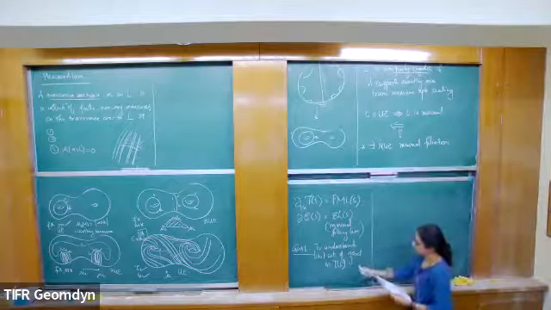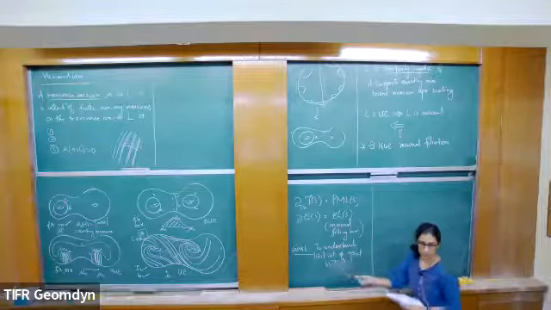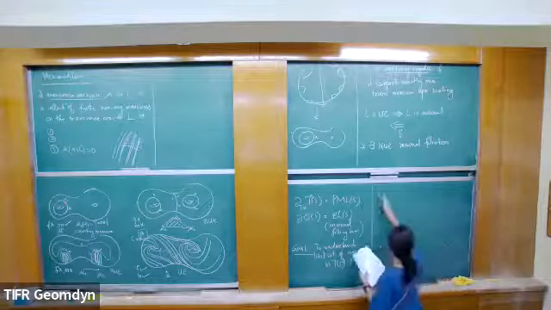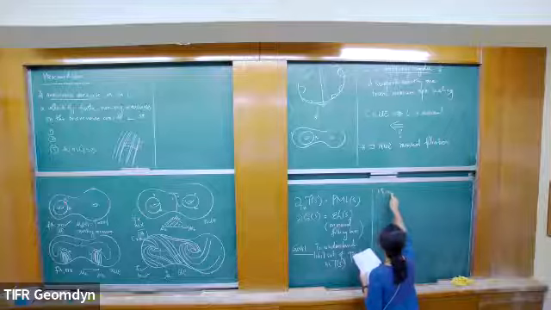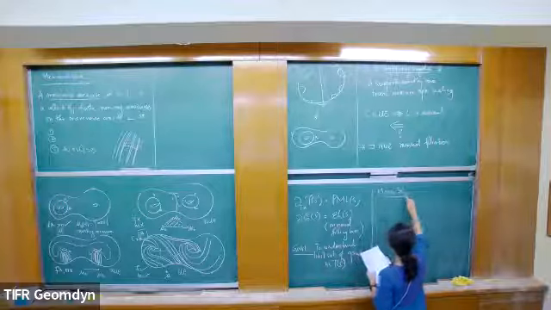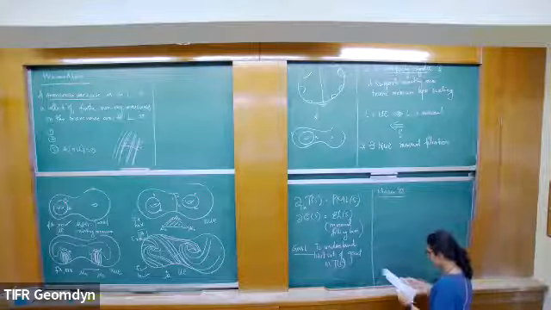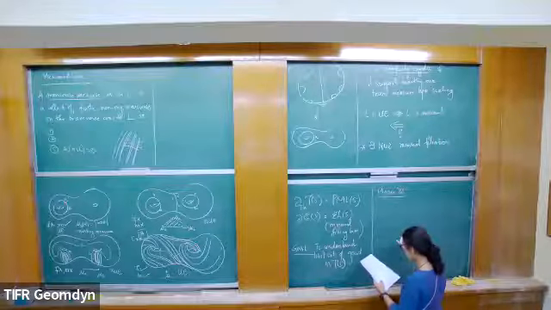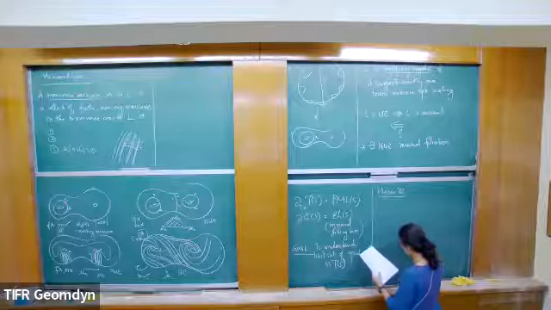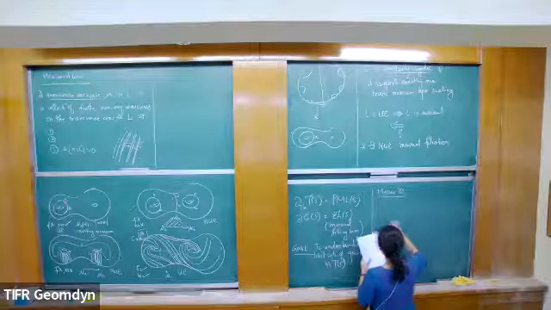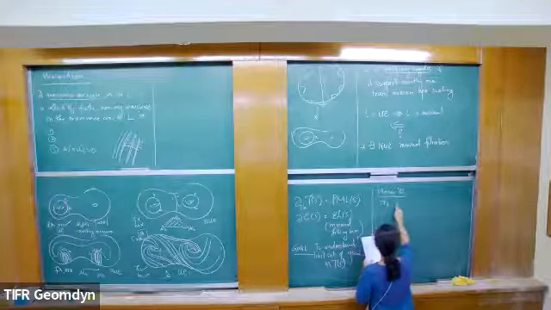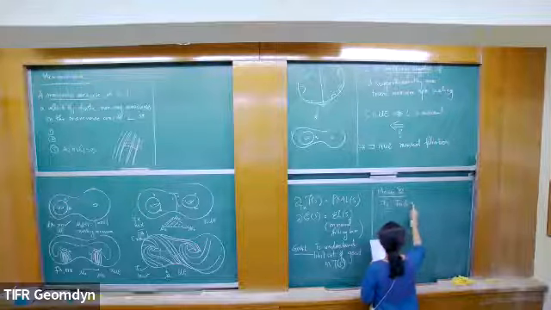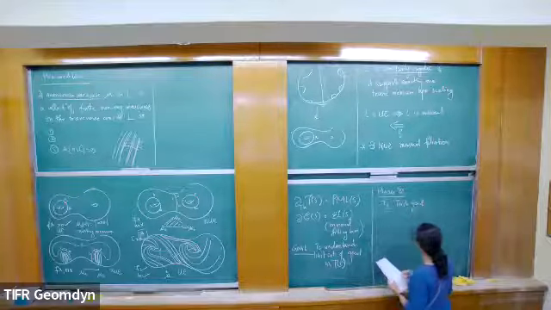So I'll tell you a few results about this. The first one is due to Masur. I guess I'll say words that I haven't defined, but maybe that's okay. So I want to take a Teichmuller geodesic in Teichmuller space.